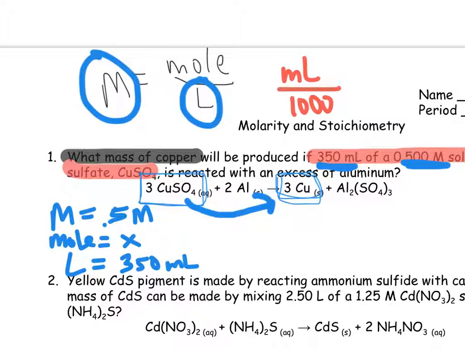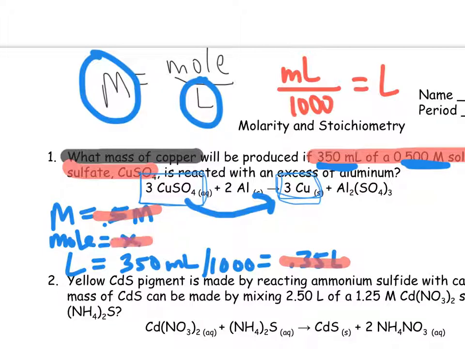That's going to give us liters. So if I divide this by 1,000, move the decimal point, I get 0.35 liters. Just to recap, now I've got 0.35 liters and 0.5 molar. Now I can solve for how many moles that is.